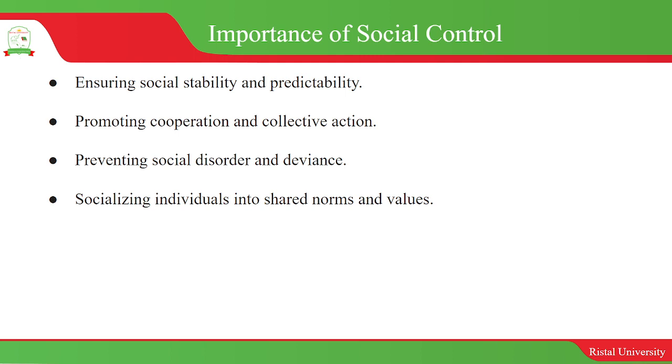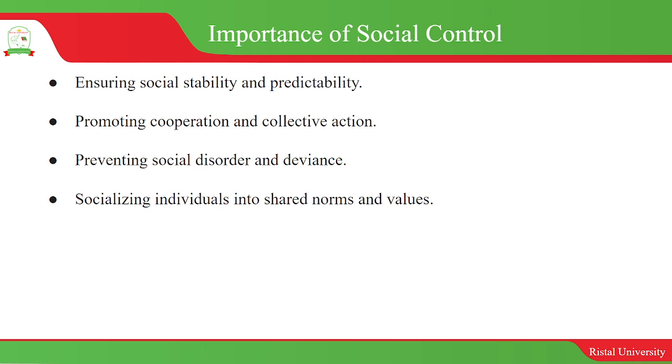So you want a society to be stable, where people understand what they are supposed to do and what they are not supposed to do. If we have this in a society, it means the society will be stable, they will be cooperating with one another, there will be what we call collective action because people are actually doing things that conform.